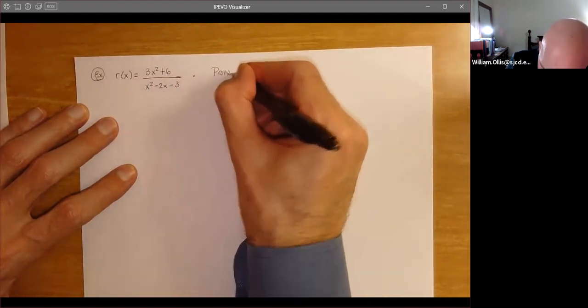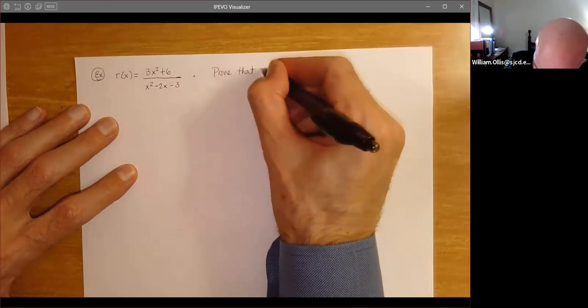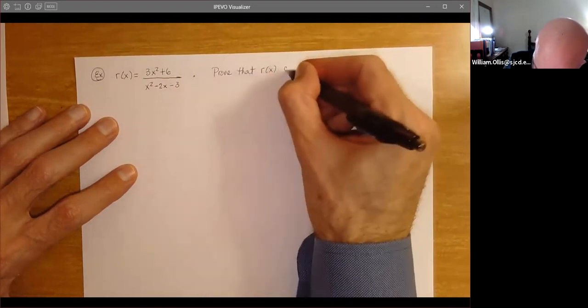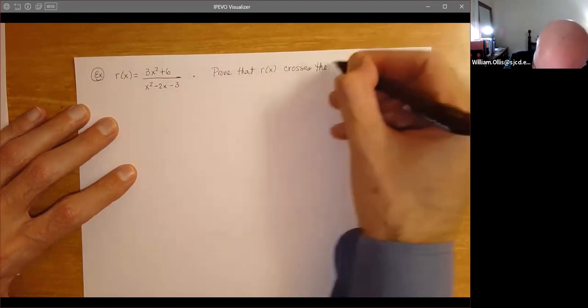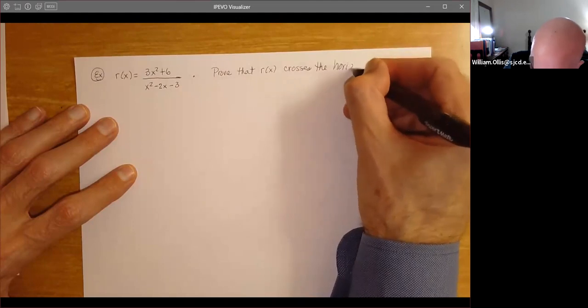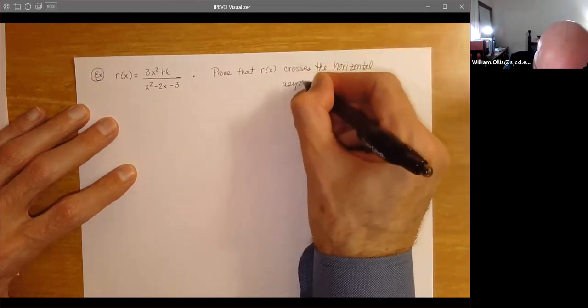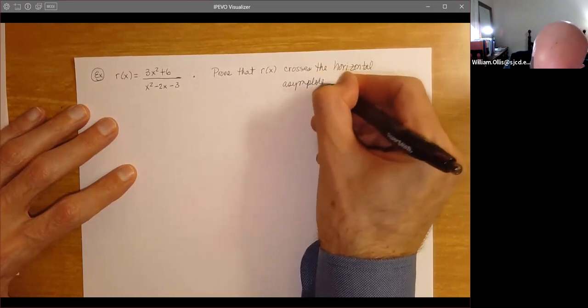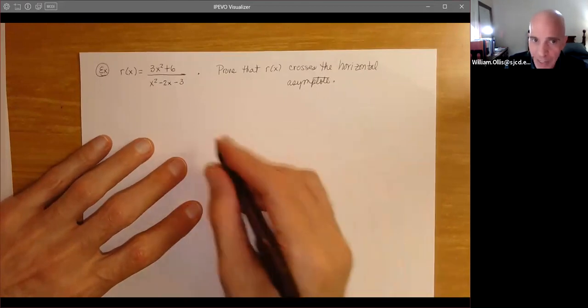Prove that r of x crosses the horizontal asymptote. Well, of course, here I'm assuming that there is a horizontal asymptote, but I think you can look at it and see that.